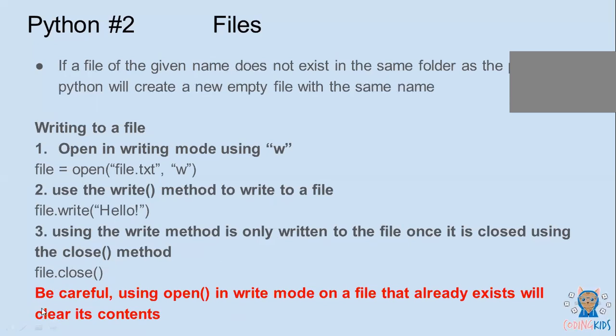Do you think we can use it in any of the functions? No. We say that using the write method, it is only written to the file once it is closed. Once it is closed, we can write it.